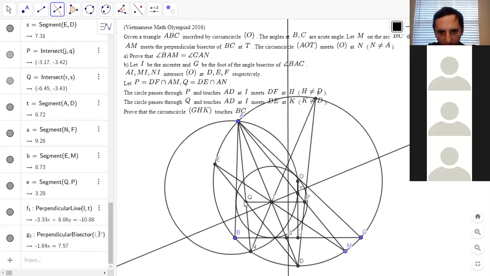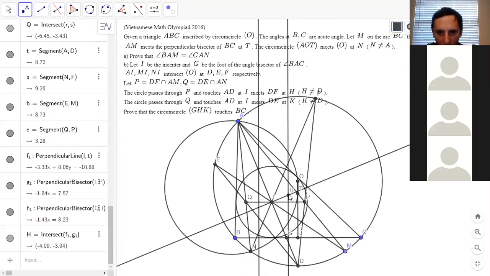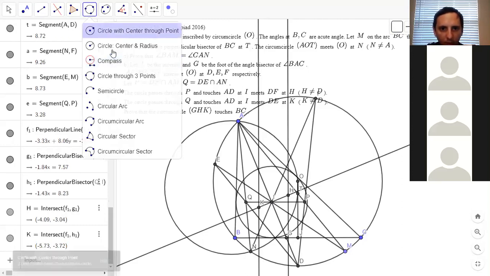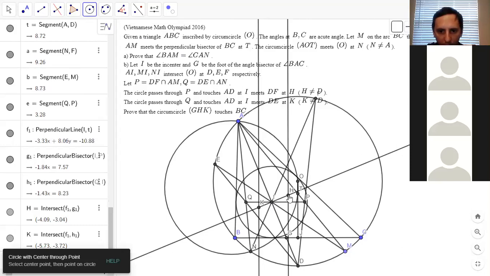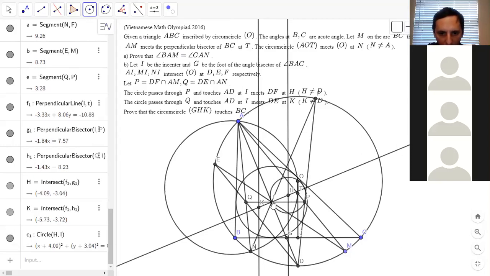Those would be the centers of those circles. So this point and this point, then I'll draw those circles and then I'll hide a bunch of stuff. So that circle and this circle.